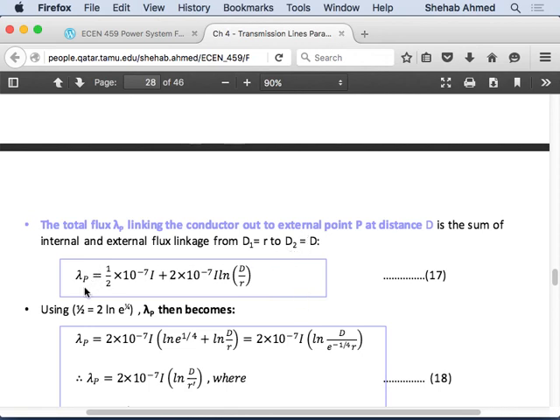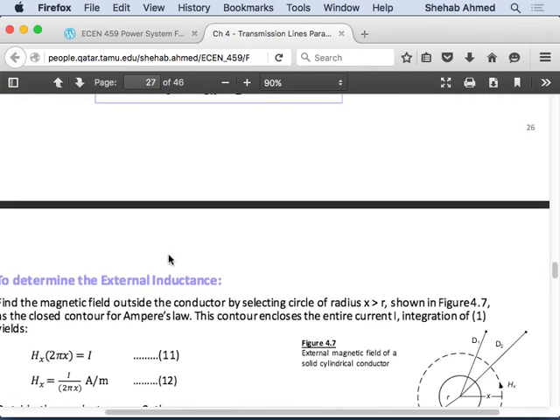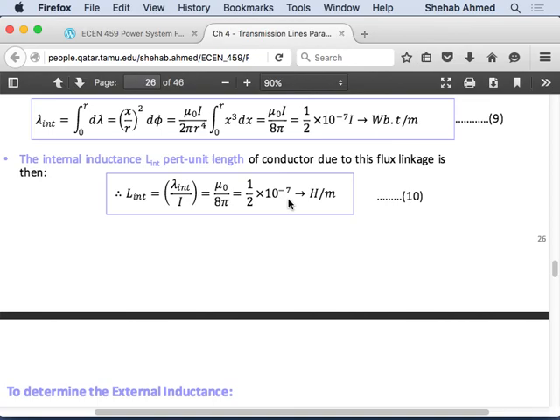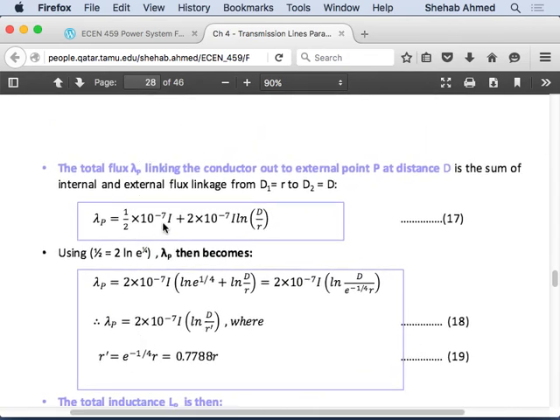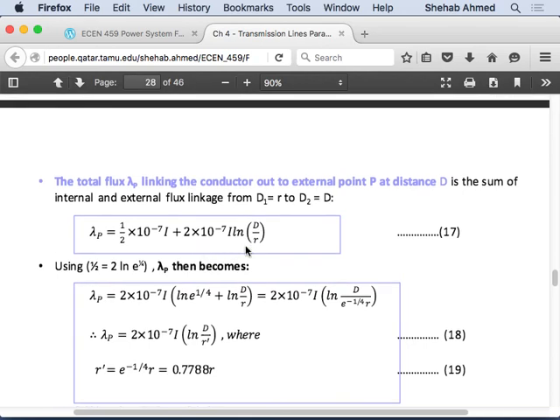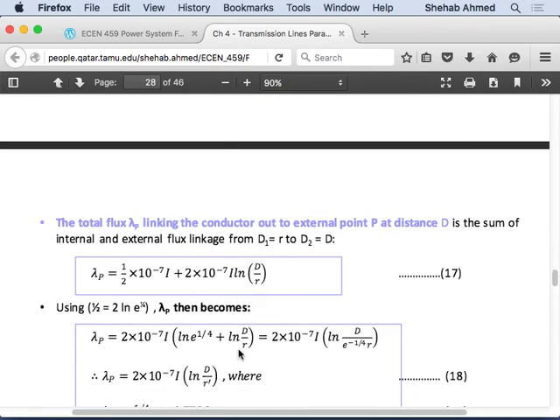So I end up with the flux linkage equals the internal flux linkage, which is what we calculated here, half times 10 to the minus 7 multiplied by the current, plus the flux linkage due to the external magnetic field, which is 2 times 10 to the minus 7 times the current natural log D2 over D1.